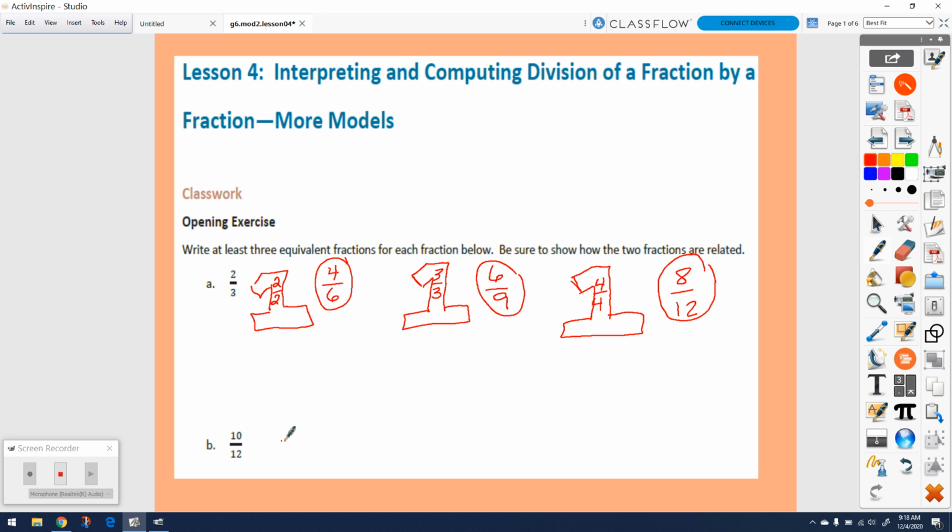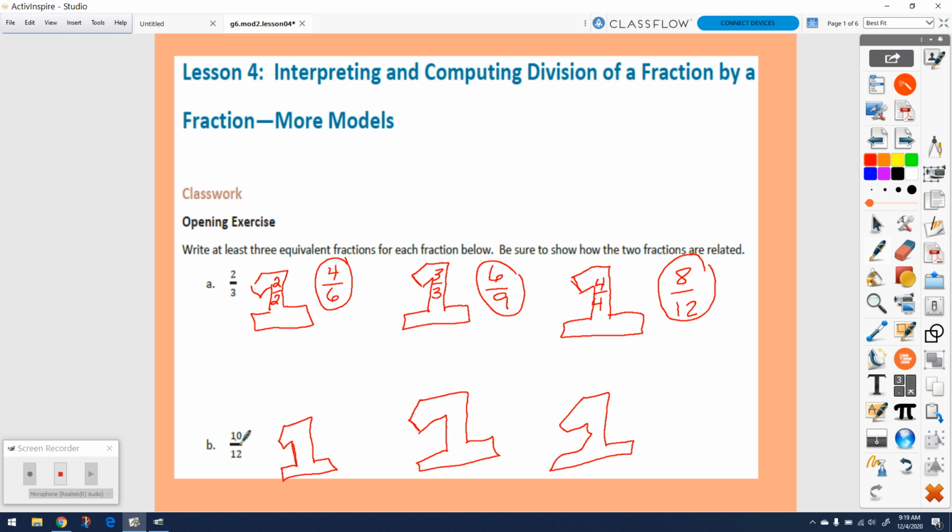Now, on this next one, we can do the exact same thing, okay? Only this time, there's a little bit different stuff that we can do. My ones are getting horrible. Look at that beauty.